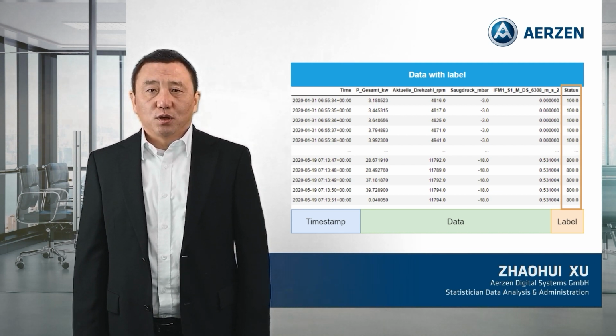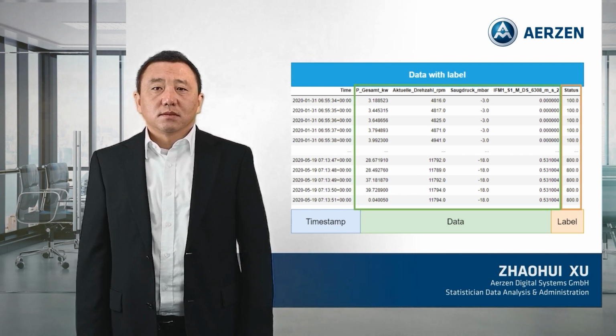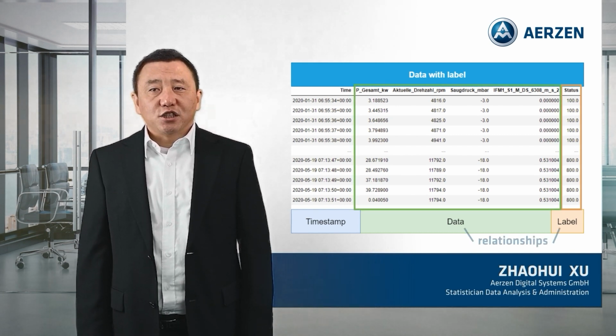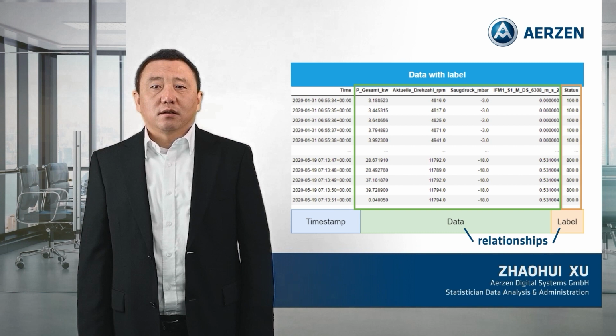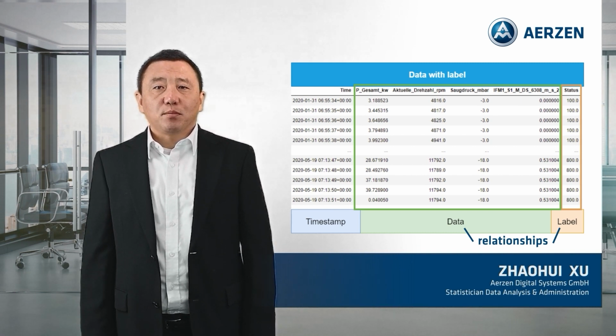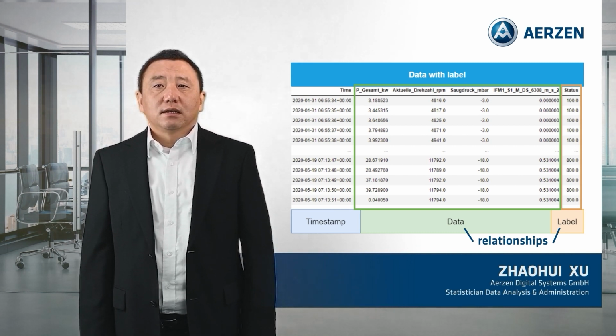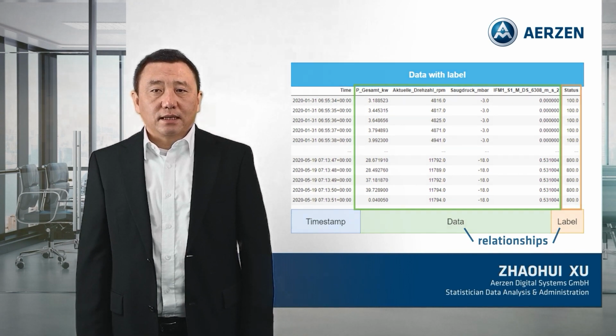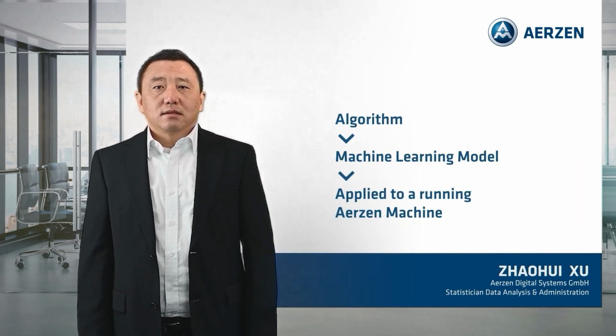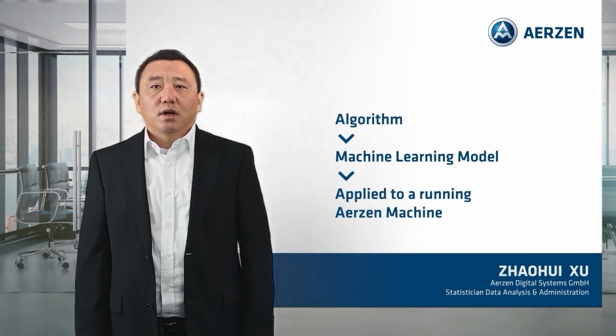The labeled data is processed using a machine learning algorithm that looks for a relationship between the features of the sample and the labeled state. The algorithm is converted into a machine learning model, which is in turn applied to a running machine.